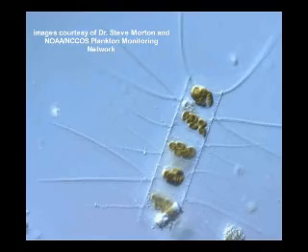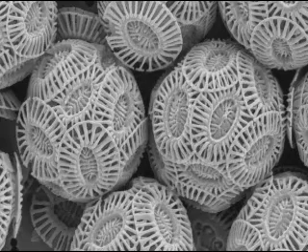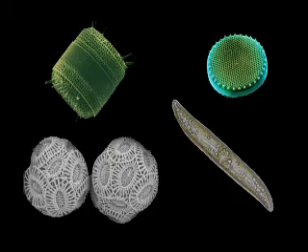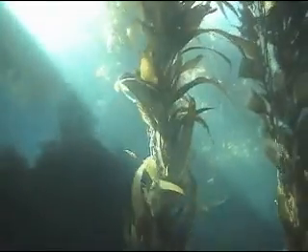Photosynthetic phytoplankton include diatoms and coccolithophores, as well as the much smaller and more numerous cyanobacteria. Most of the primary production in the ocean is due to these planktonic components, rather than the seaweeds and large kelps near shore.